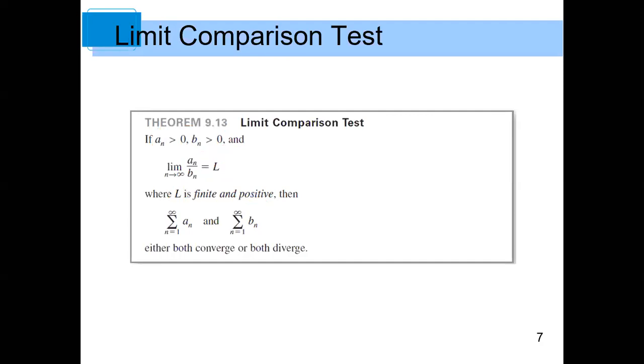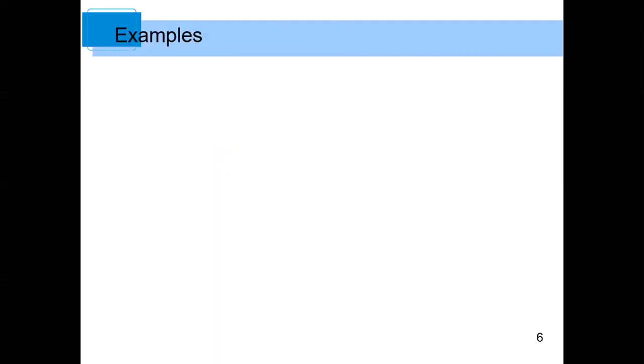Okay, what about this? Let me go back one slide. Let's look at this one. What about series n going from 1 to infinity of 5n minus 3 over n squared minus 2n plus 5? What do you guys think about that? Look at that disaster.